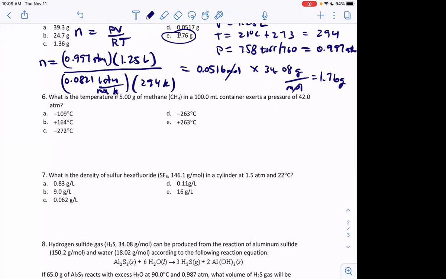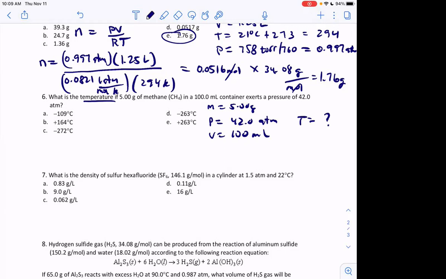Okay, so what have I got? I've got a mass. I got a pressure. And I've got a volume, right? And the temperature is what's asked.